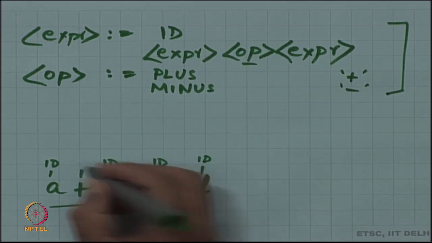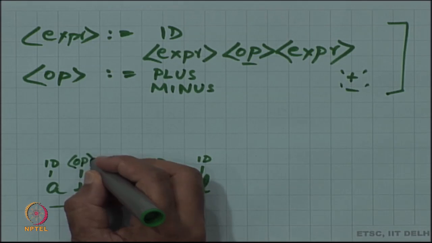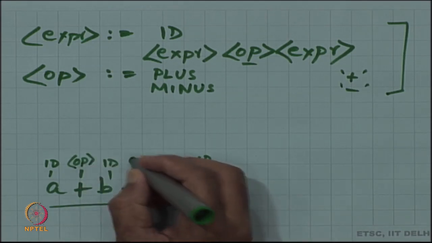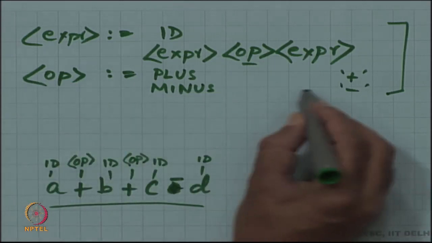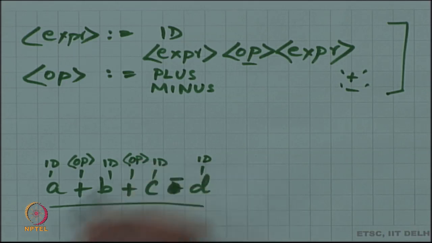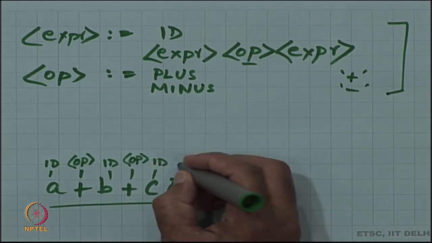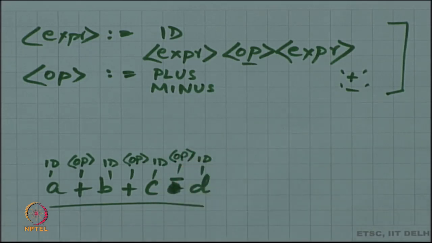The plus is an operator. So, that rule that I have here for the operator, that would be matched for me to get an operator from that plus character, right. So, I have an operator, that is what it looks like.